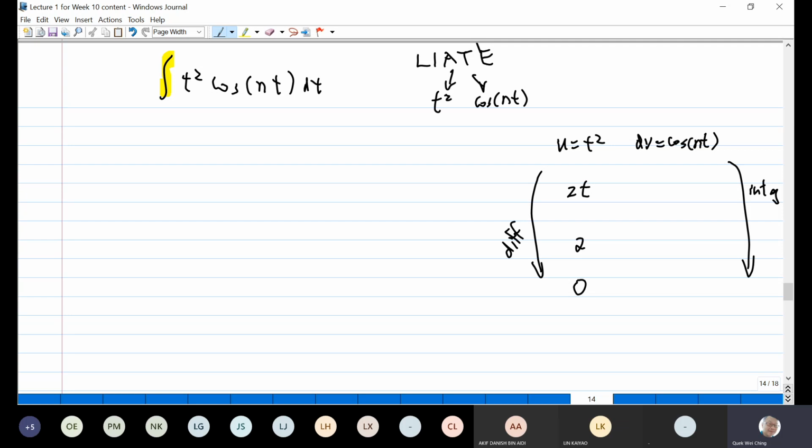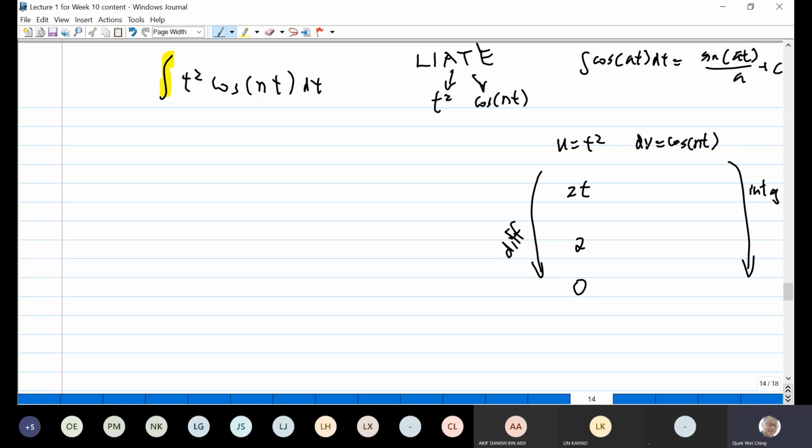Cosine nt, how to integrate cosine nt here? Remember the formula: integrate cosine at is equal to sine at over a.